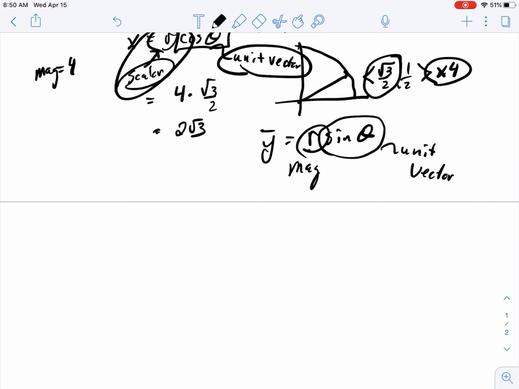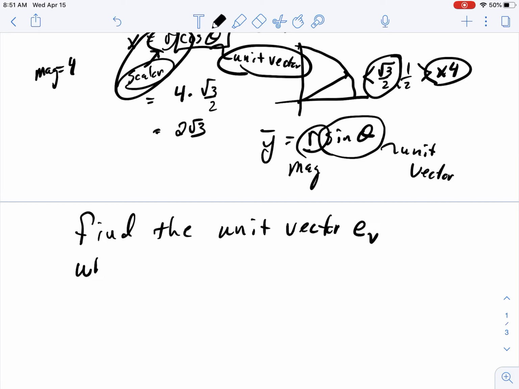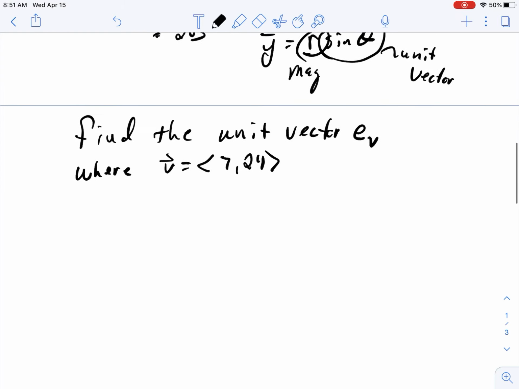So let's just do some here. Let's say, here's my question. Say, find the unit vector, and say E of V, where vector V is 7 and 24.